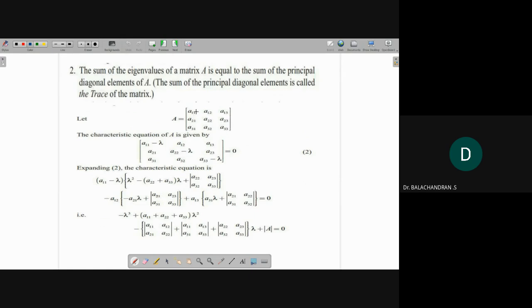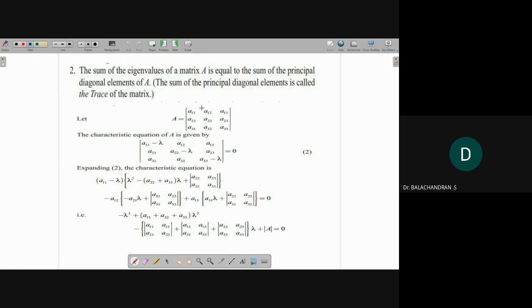The sum of the principal diagonal elements is called the trace of A. I already used the word trace. Just listen carefully here.